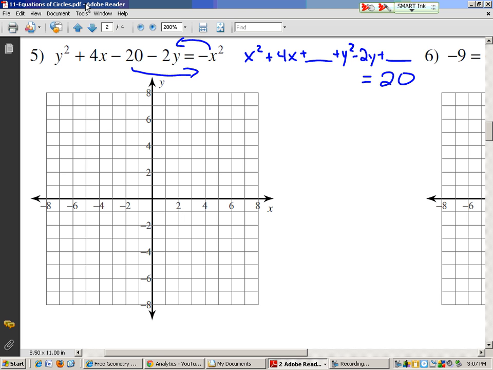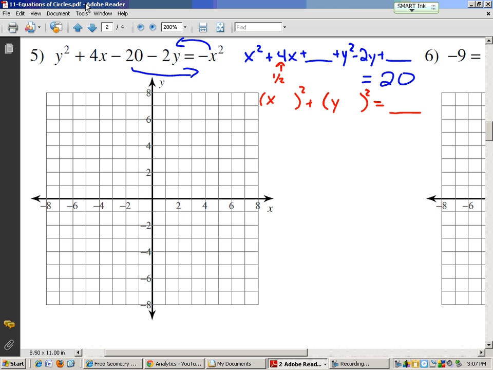And I remember from our lesson on completing the square that I'm looking for half of this number. So whenever I get x blank squared plus y blank squared equals my number on this side, I'm looking for half of that 4 to go in this blank.